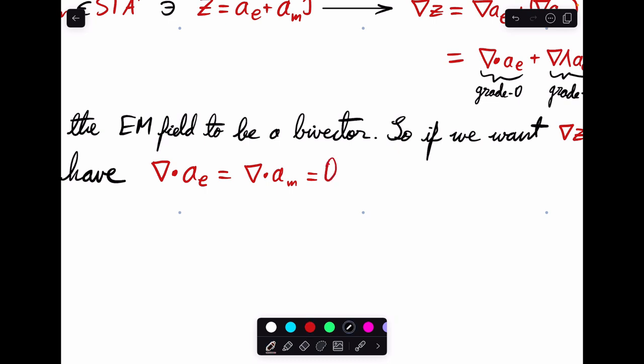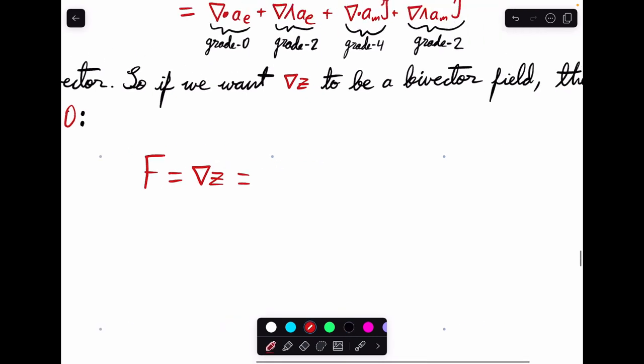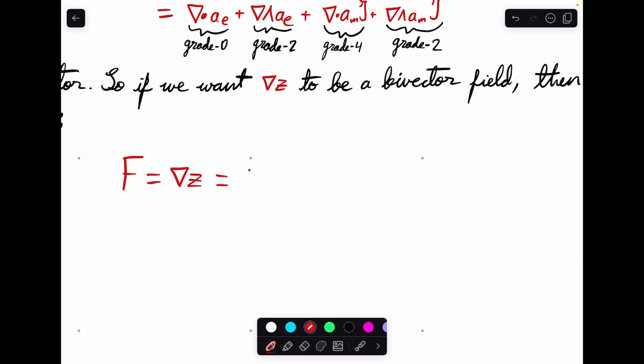This would allow F to be equal to the gradient of Z, which would then be equal to just the gradient wedge AE plus gradient wedge AM I.